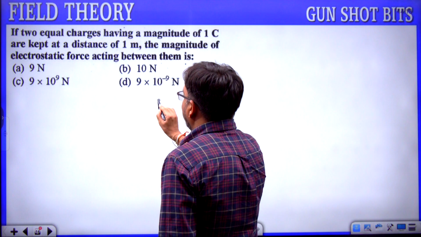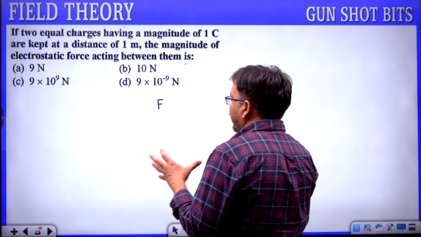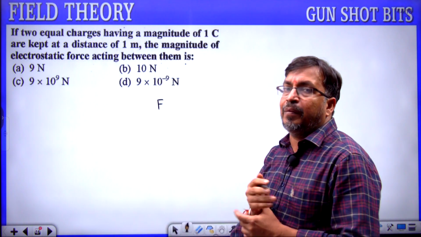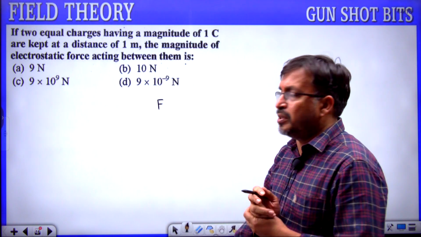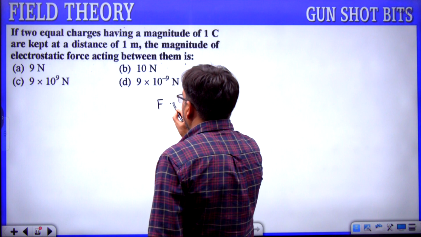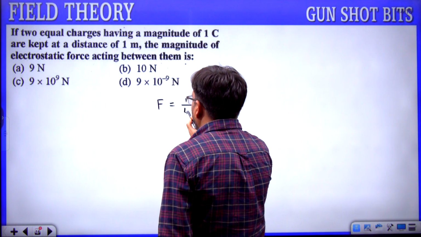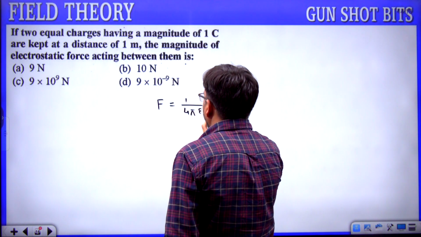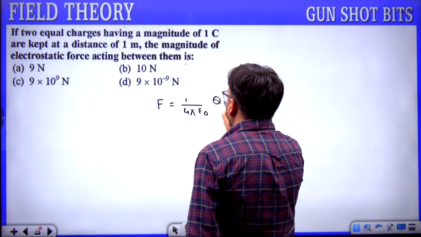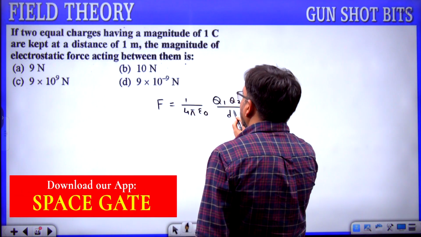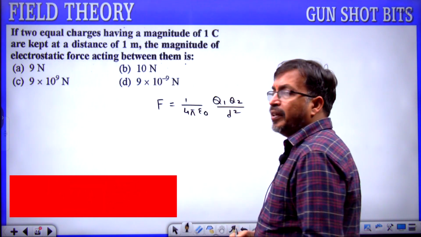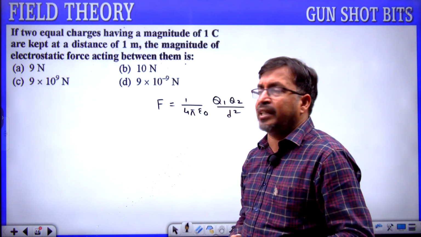From Coulomb's law we can determine the force between the 2 charges, that is F equals 1 by 4 pi epsilon naught, Q1 Q2 by d square or r square. All options are given only in magnitude, that is why I am not considering direction.